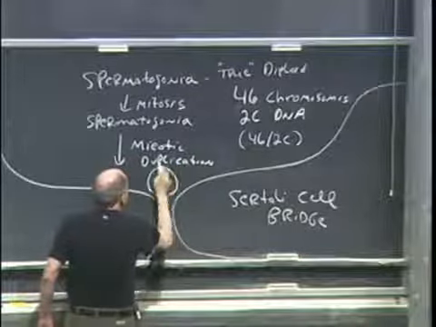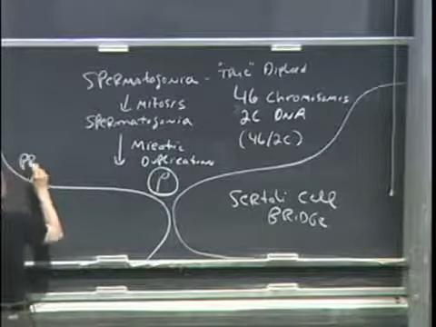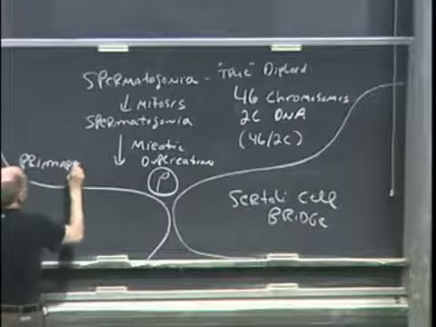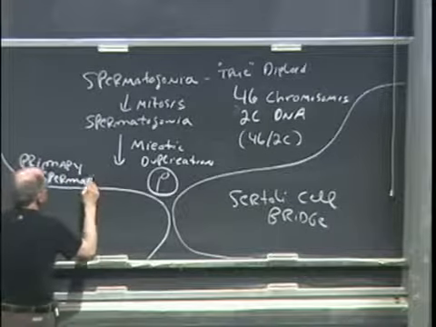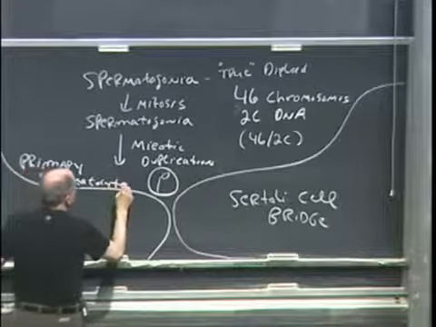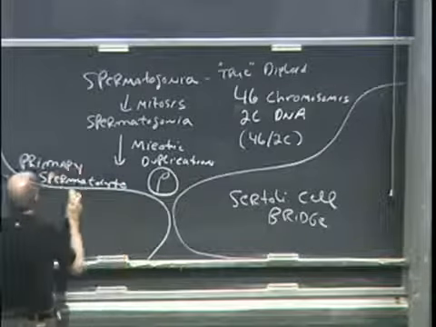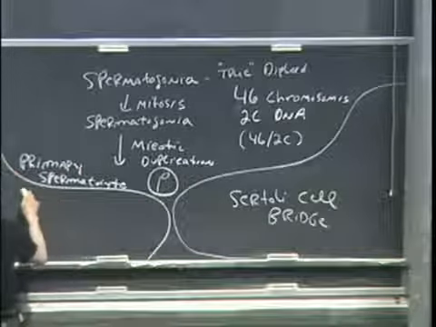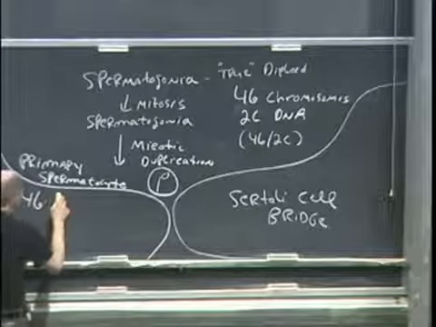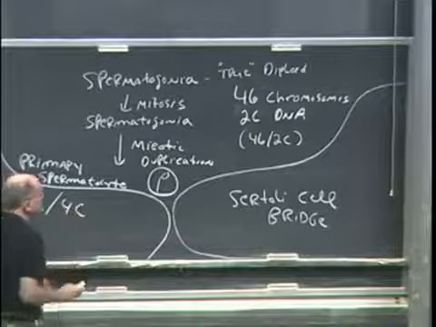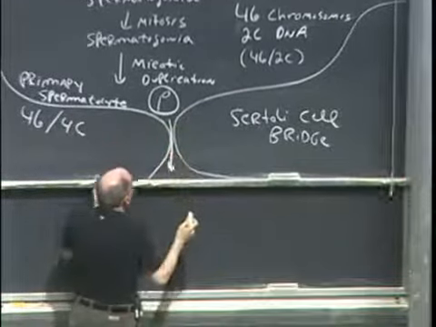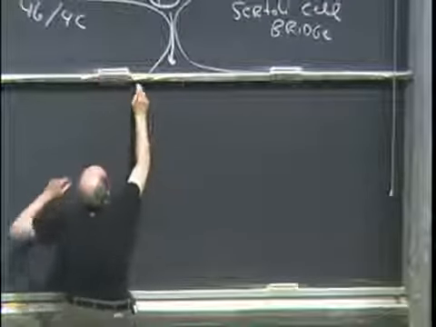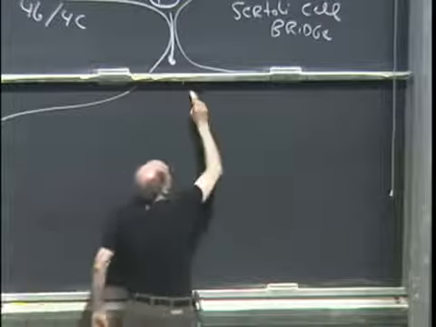And you get a primary spermatocyte. Okay? And the primary spermatocyte is 46 chromosomes and 4 cDNA. So the primary spermatocyte then goes through the Sertoli bridge, and here's the rest of the Sertoli bridge.